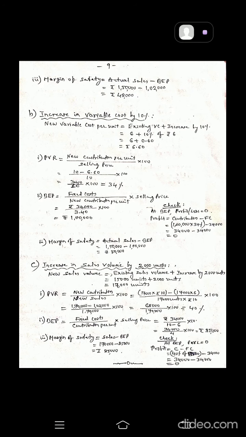Now BEP is equal to fixed cost divided by contribution per unit into selling price. Fixed costs are 34,000 and contribution per unit will be same. Original selling price, original variable cost per unit. So 10 minus 4, 34,000 divided by 4 into 100.